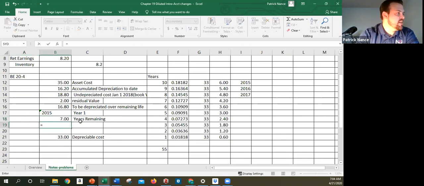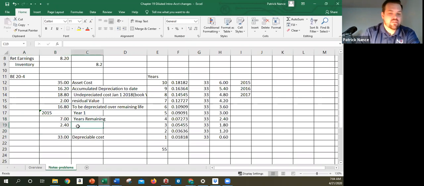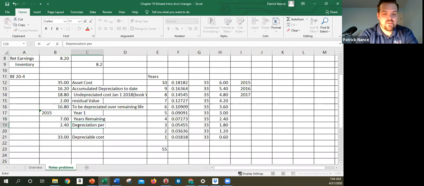So my annual depreciation for the next 7 years is 16.8 divided by 7. So this is depreciation per year from this point forward.